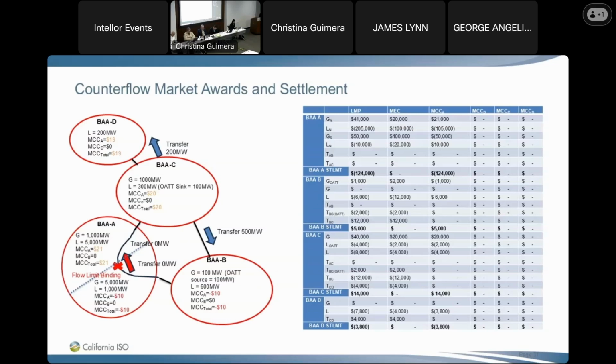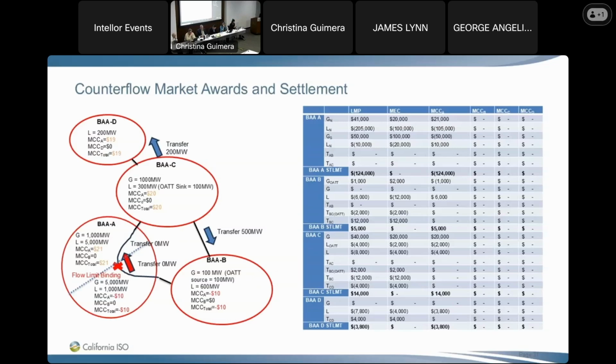It got charged $2,000. The supply side for BAC is the transfer import. It was paid at $2,000, but it had no congestion. So now when I look at the balance schedule, still 100 megawatts, it's $2,000 that I now have to take in consideration for our current draft final proposal.